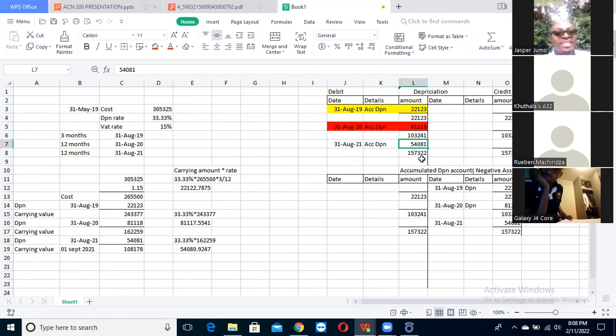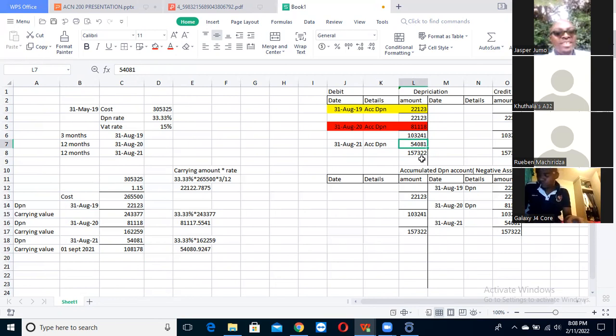Remember, we are only applying the rate on the carrying value. The carrying value is the reduced amount from the cost, and therefore our depreciation is bound also to reduce, unlike the straight line method, whereby our depreciation charge is the same for each and every year because we are applying the same rate to the same cost.